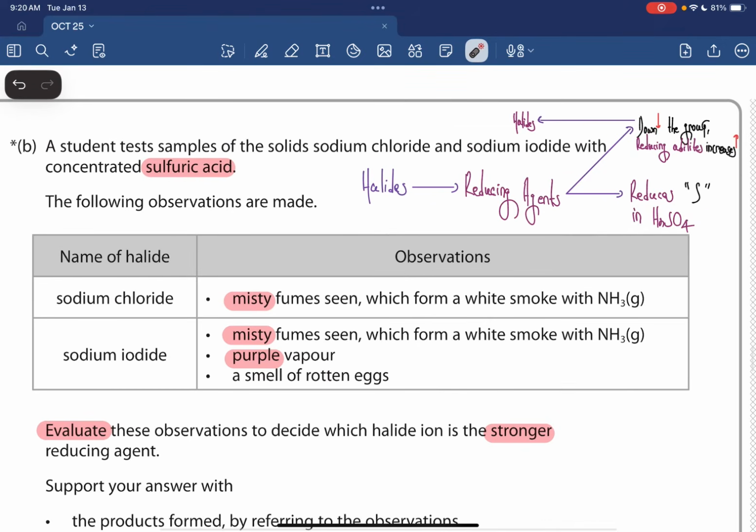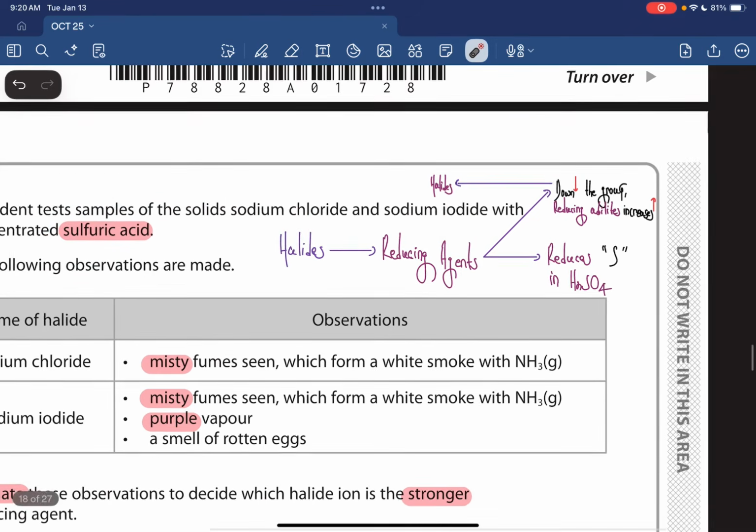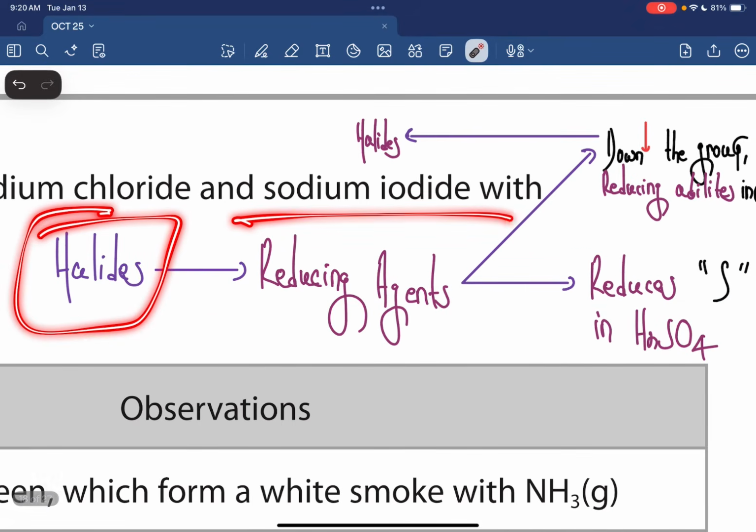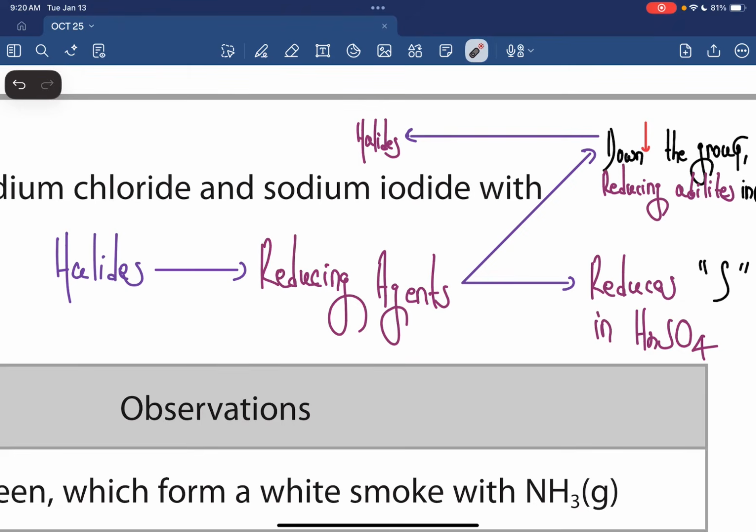Now this question says that a student tests samples of solid sodium chloride and sodium iodide with concentrated sulfuric acid, and observations are made. First of all, what you have to know is that halides are reducing agents, which means they reduce other substances.